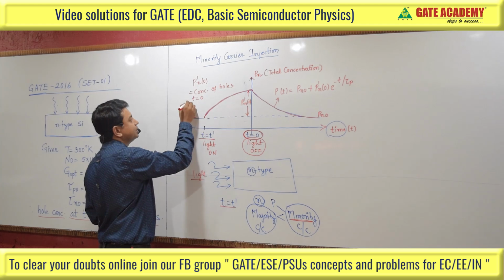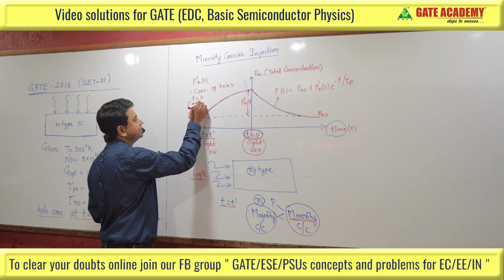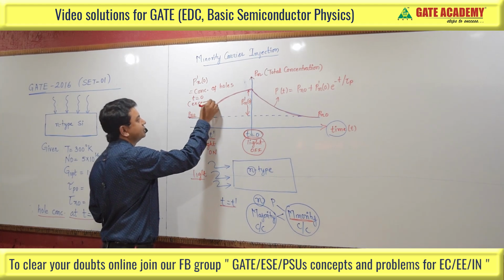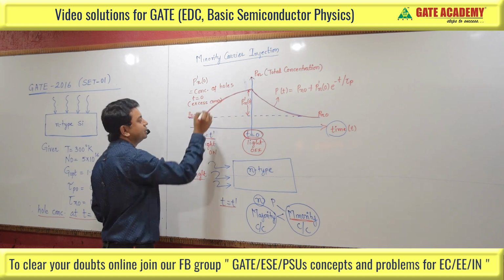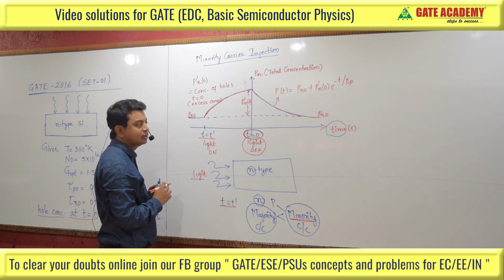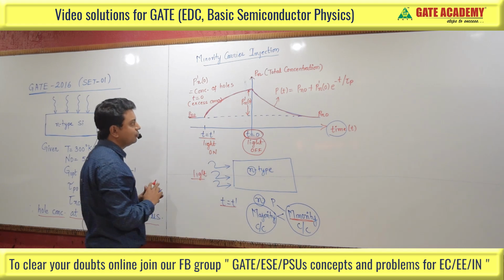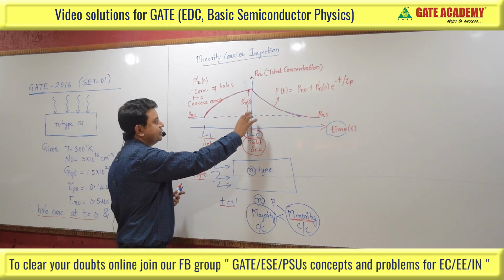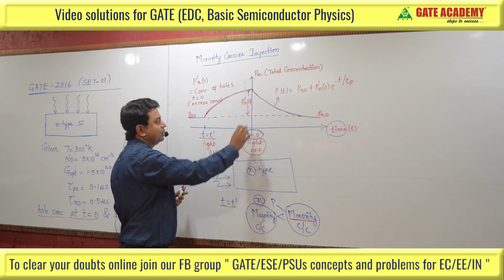But this concentration is the excess concentration. Why is it called excess concentration? Because it is the concentration which changes because of the illuminated light. And second, this one is the concentration at thermal equilibrium.